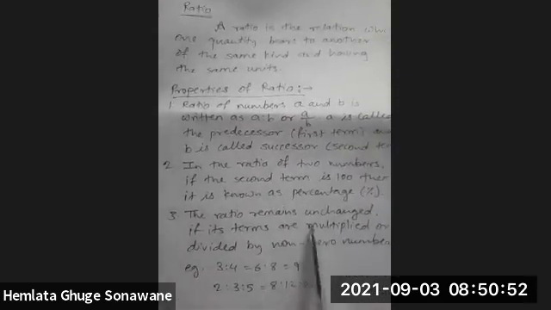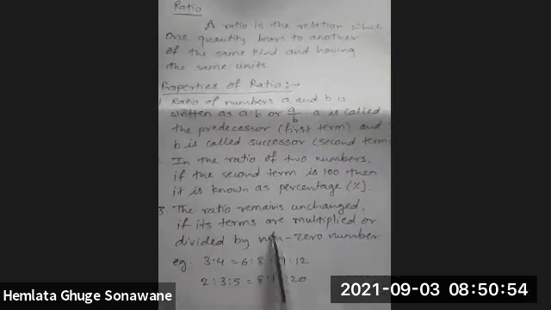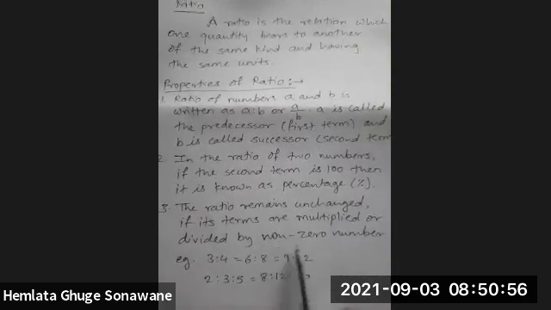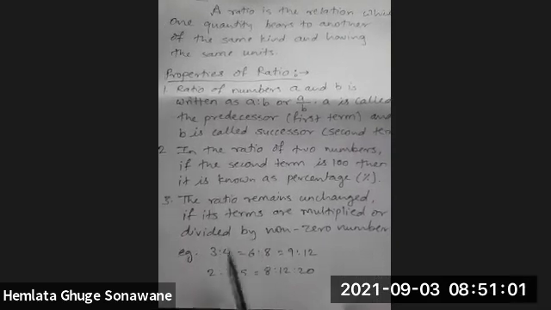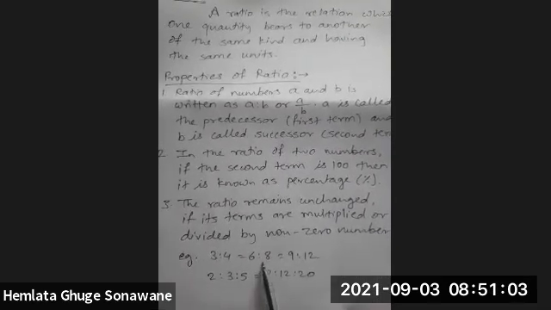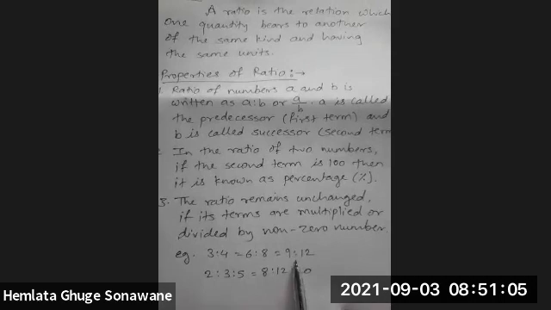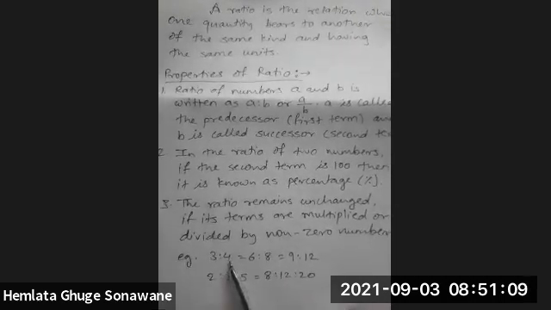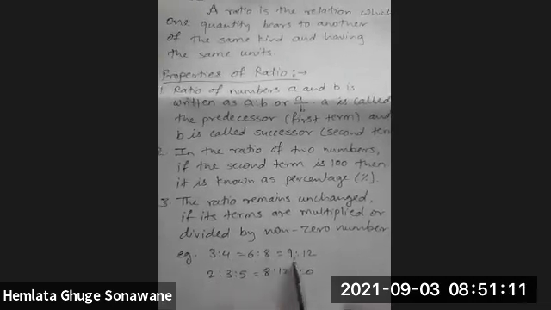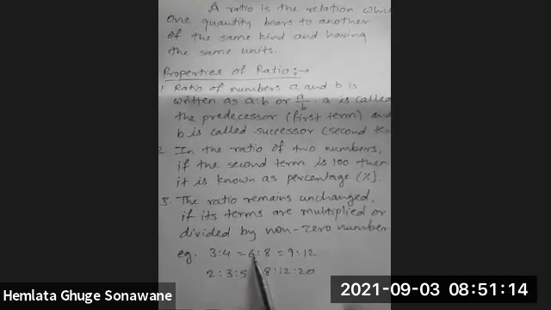The ratio remains unchanged if its terms are multiplied or divided by non-zero numbers. Here you can observe the example 3 is to 4, 6 is to 8 and 9 is to 12. Here all the terms are multiples of 3 and 4. If we simplify these terms, we will get the ratio as 3 is to 4.